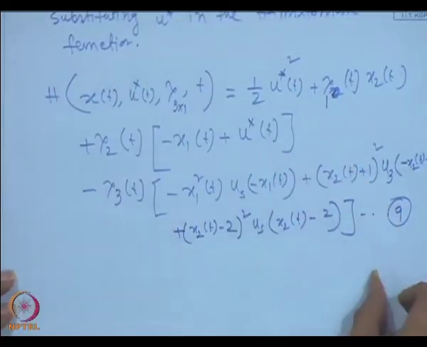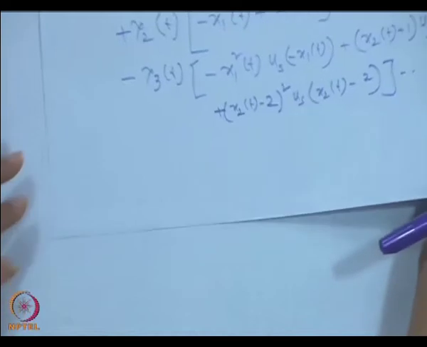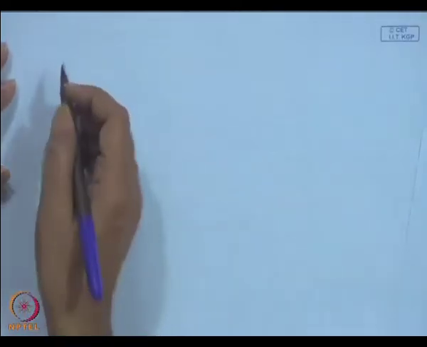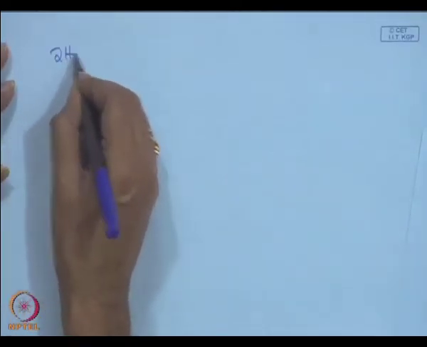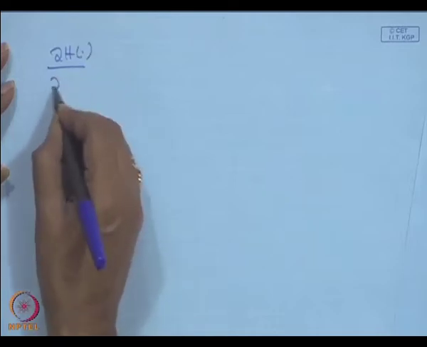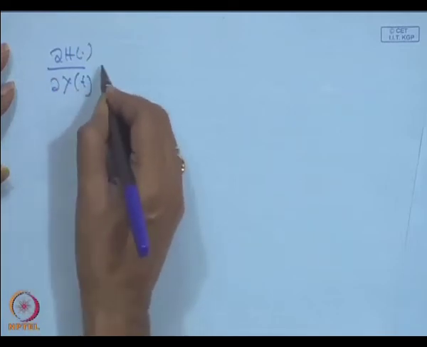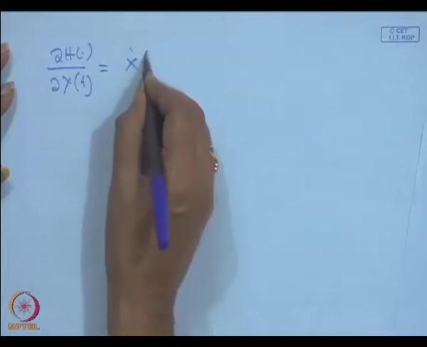Now, you find out the state equation, the rest of the necessary condition, del H by del lambda of t is equal to x dot of t.